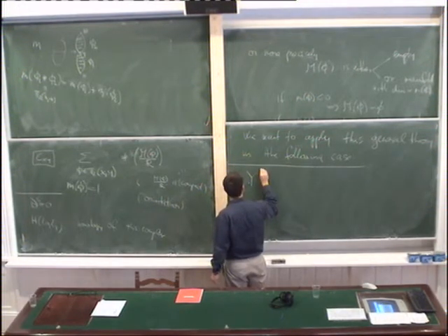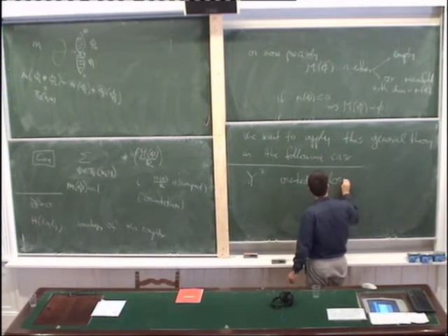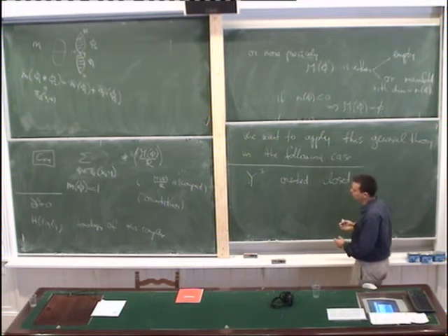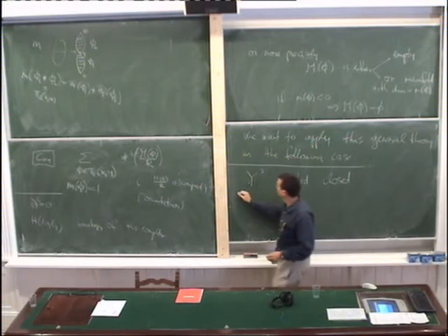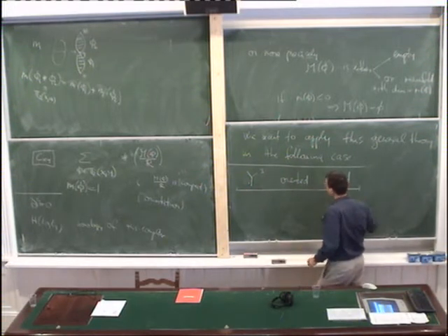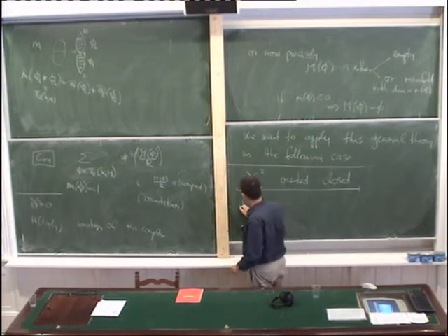So we have a three-manifold Y that is oriented and closed. So it's compact, has no boundary, and we also will assume it's connected. And we will use Heegaard diagrams.